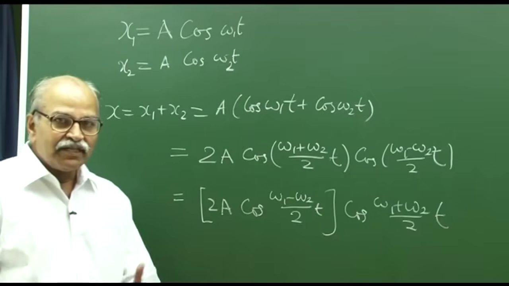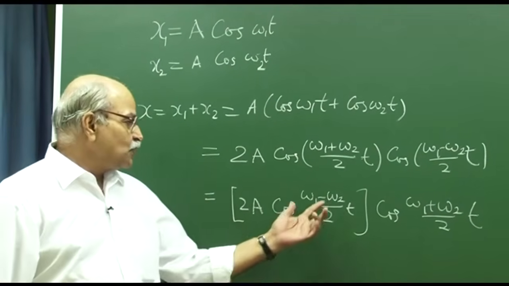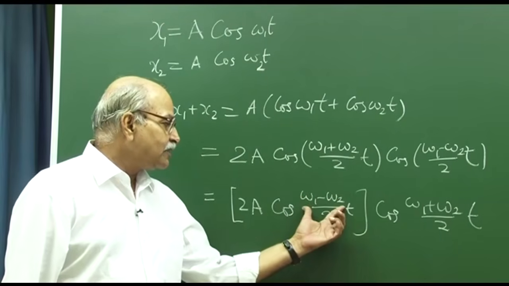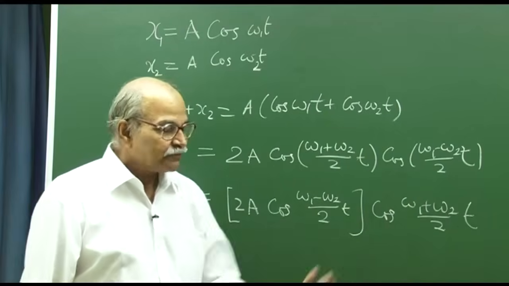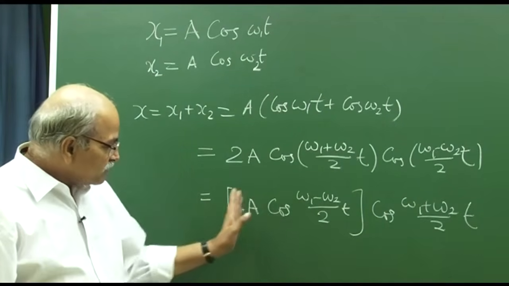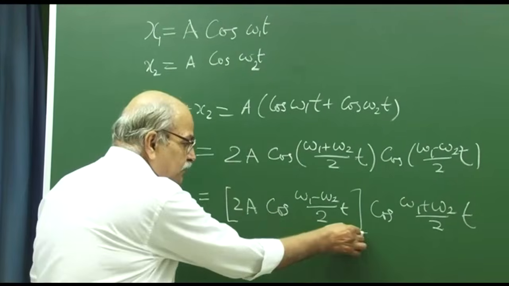If omega 1 and omega 2 are close to each other, then this is going to be a small number and this is going to be a much bigger number. So, you can describe this as an oscillation with this as the amplitude.